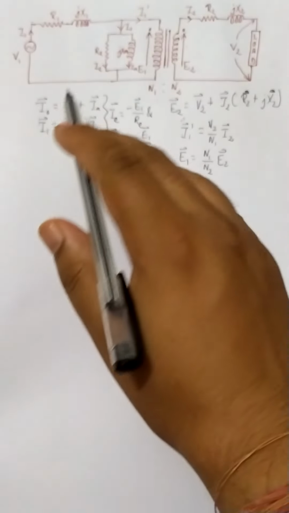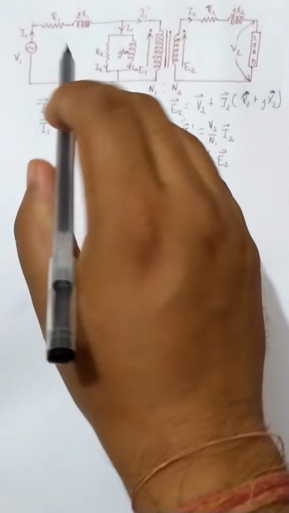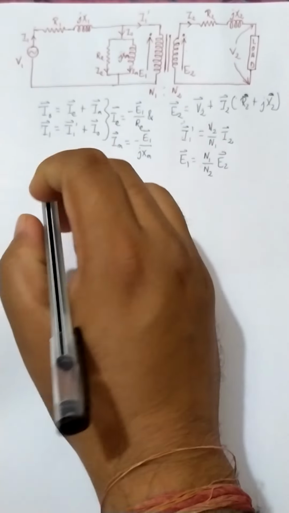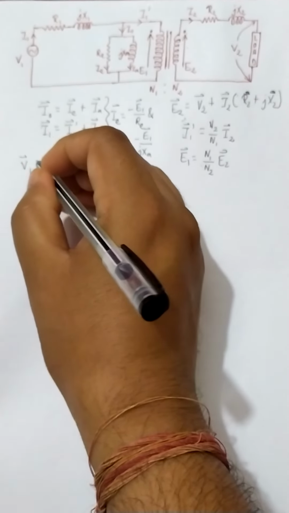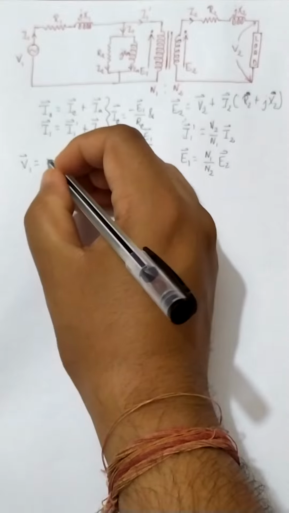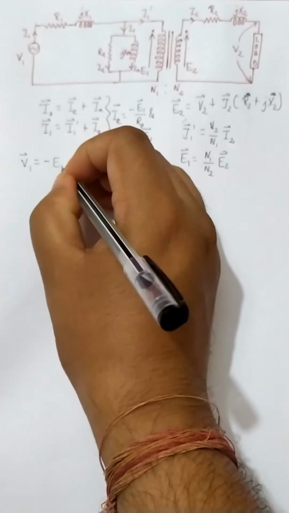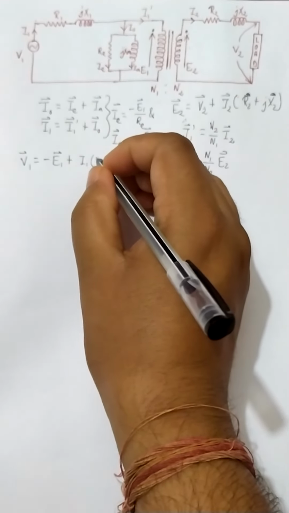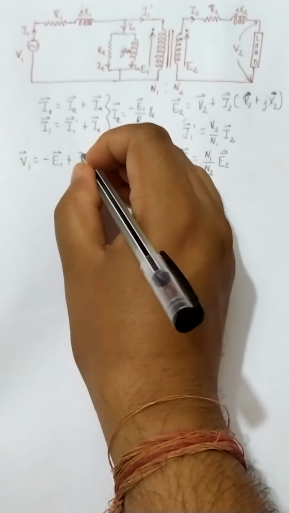Now, if I am applying KVL in the outer loop of the primary, we can write V1 should be equal to minus E1 plus I1 into R1 plus jX1.